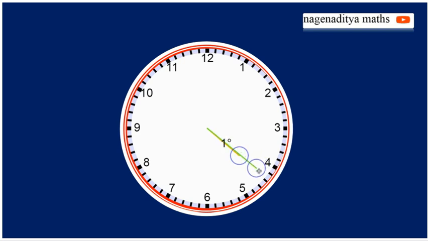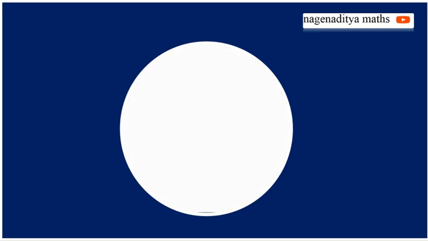That means there is a chance for another 40 degrees. So I drag the minute hand once again to make the angle 40 degrees. So the time is nearly 4 hours 29 minutes. After observing the figure, let us do the problem.